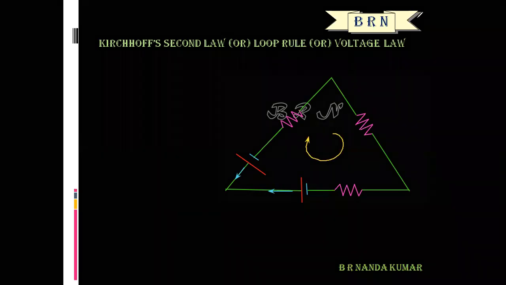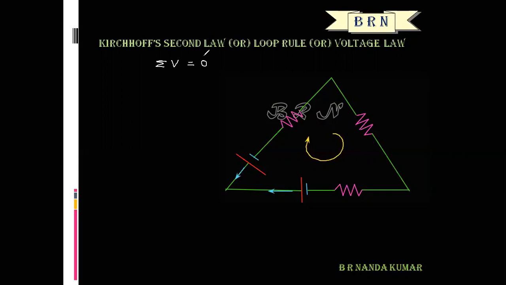So first, listen to me, the statement of Kirchhoff's second law. Actually, two different statements are there. The first one is: in a mesh of an electrical network, the algebraic sum of voltages in a mesh is equal to 0.